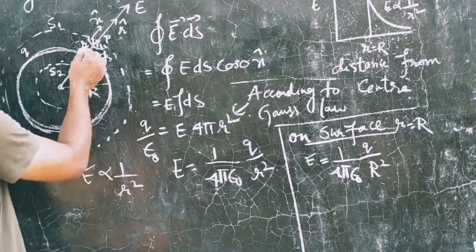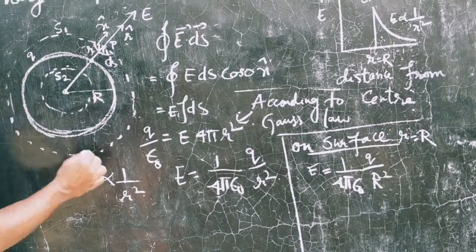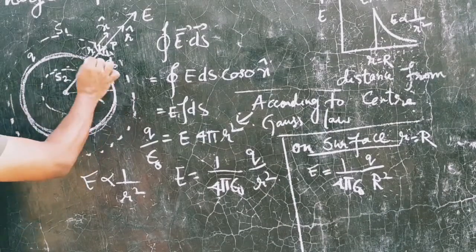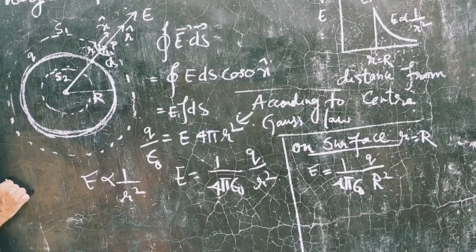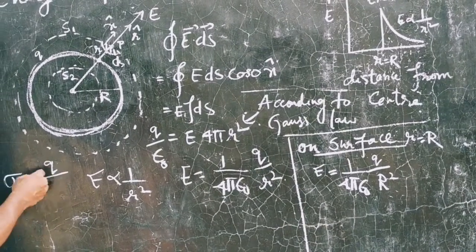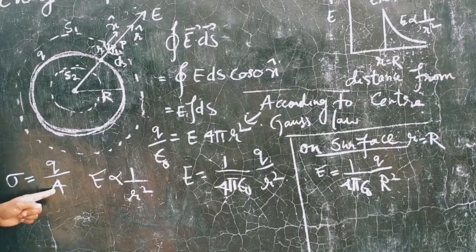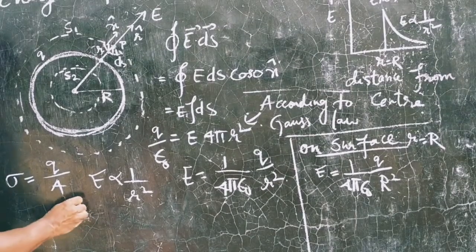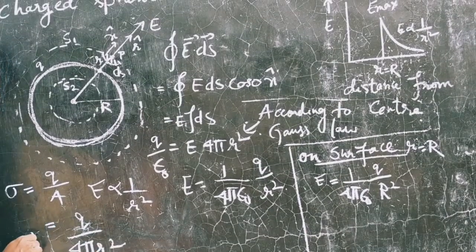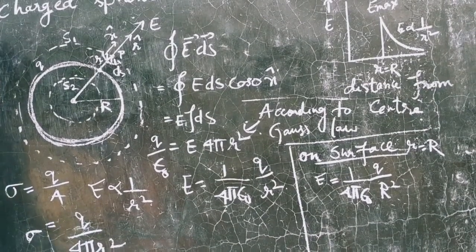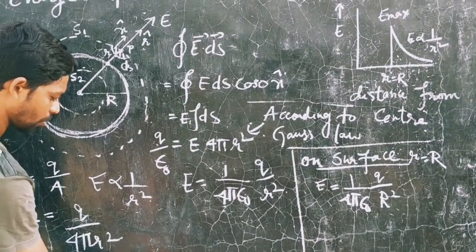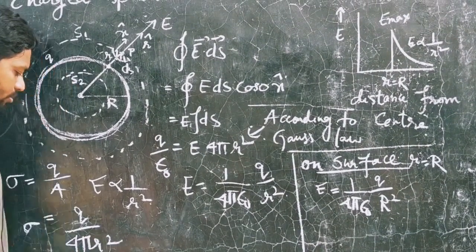The charge which is distributed here, let us say its surface charge density is sigma. Sigma is equal to Q by A, that is the surface area of the sphere, so it is Q by 4 pi r square. Then Q value becomes sigma 4 pi r square.